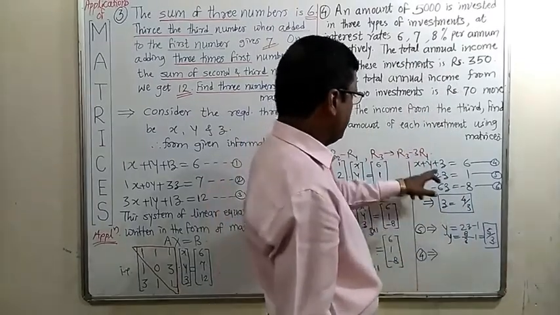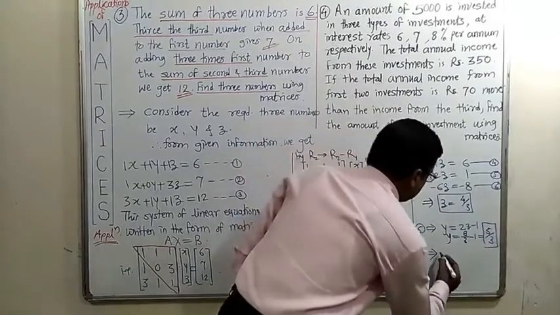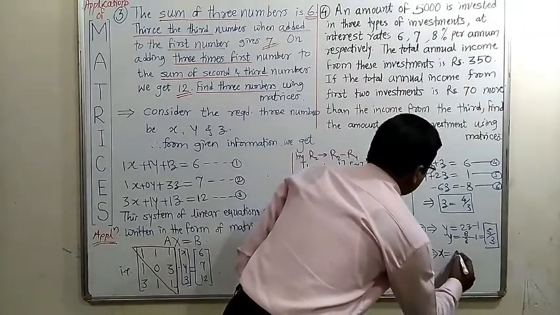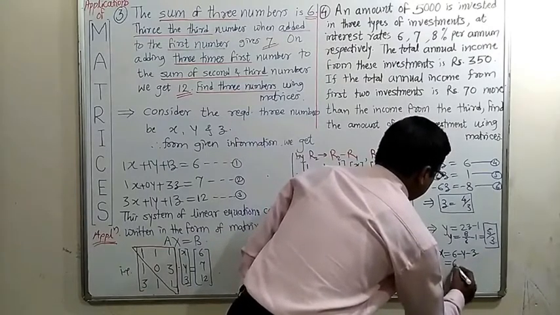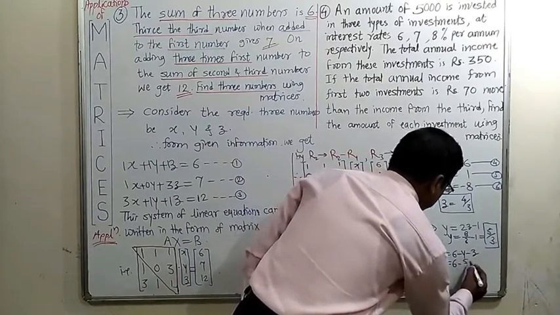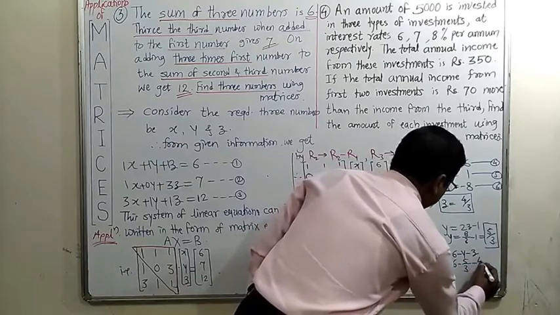Now putting values of y and z in equation first, we get x is equal to 6 minus y minus z, that is equal to 6 minus, y is 5 by 3 and z is 4 by 3.